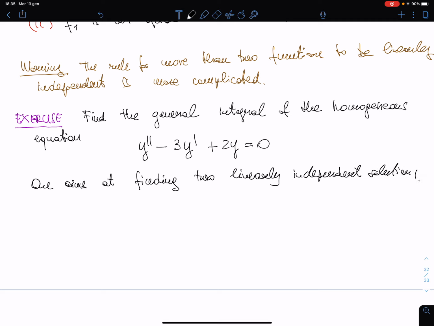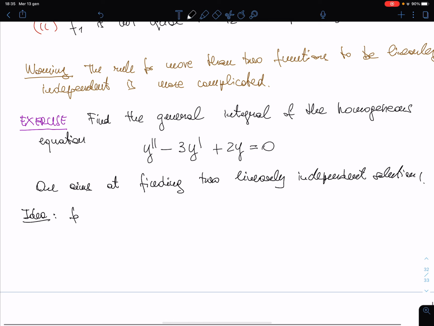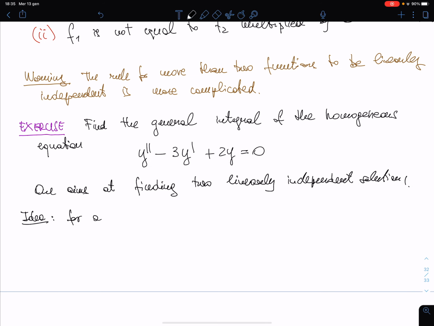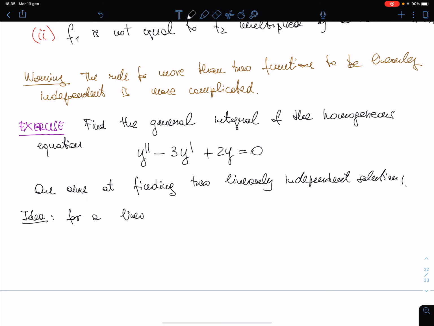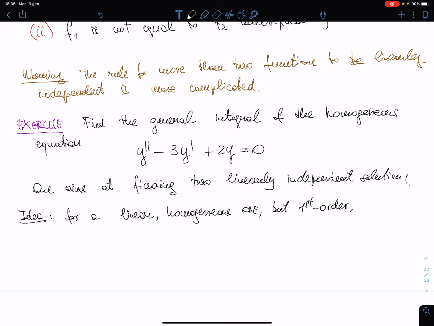Now here you have to try, but you can have an idea from a linear homogeneous ODE, but this time of first order. One has a Malthus equation, so y prime is equal to ay.